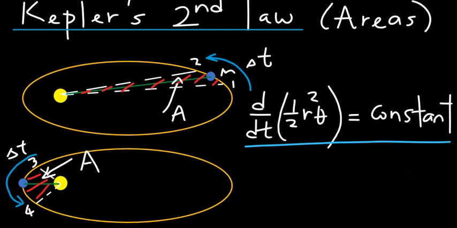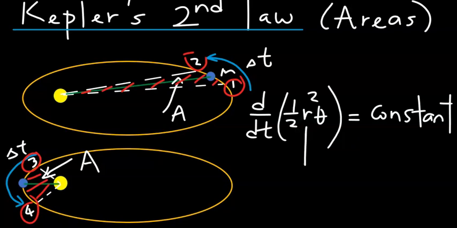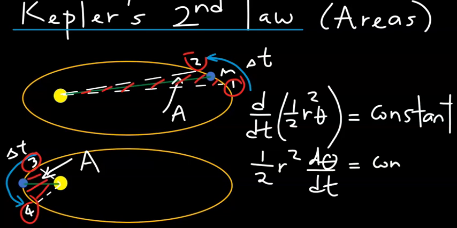Of course, if we assume the points 1 and 2 are very close together, or 3 and 4 are very close together, so that any variation in r can be neglected, the term half r squared can be taken out of that time derivative to give us half r squared d theta dt, and we know that is constant.